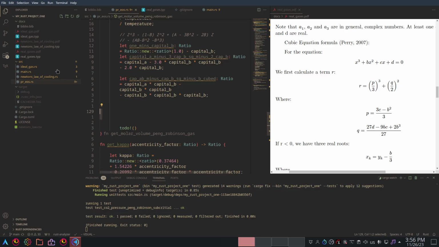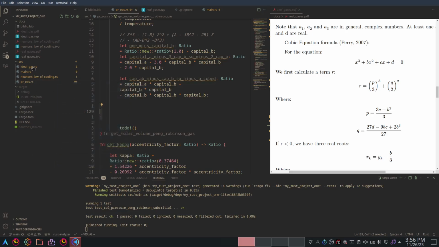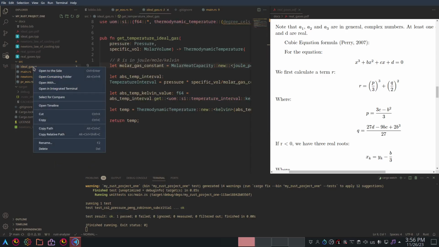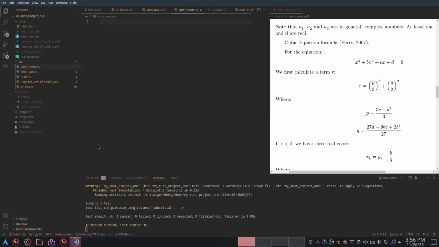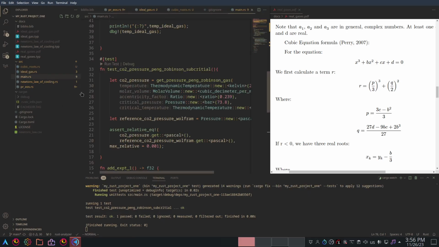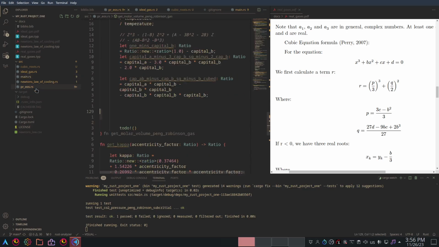So I'm going to make a new Rust file. I'll call this cubic_roots.rs, and I will of course put it over here.